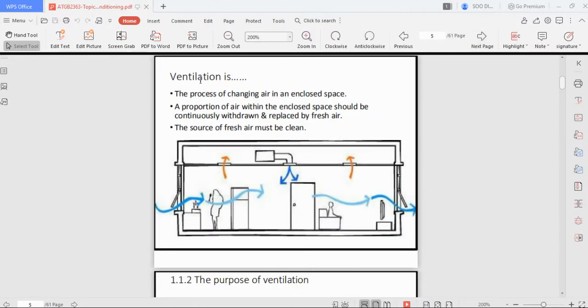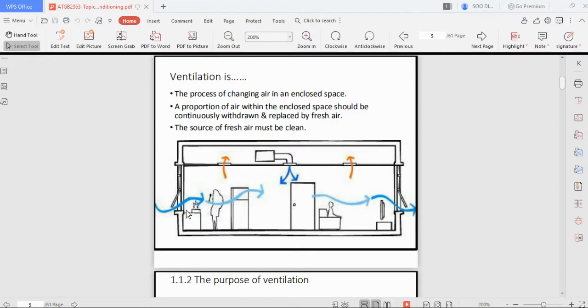As you can see here, this is the definition. Ventilation is a process of changing air in an enclosed space, done by continuously withdrawing and replacing it with fresh air. So the source of air must be clean. Usually outside air is fresh and clean.